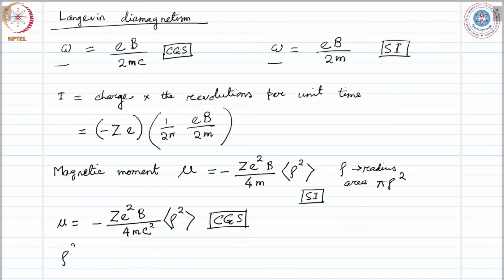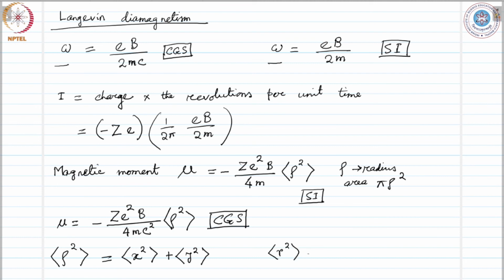That means the average of rho squared can be given as the average of x squared plus the average of y squared. This is the mean square of the perpendicular distance of the electron from the field axis passing through the nucleus. The mean square distance of the electron from the nucleus is given as the average of r squared.